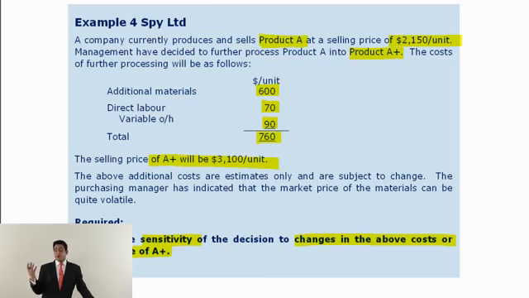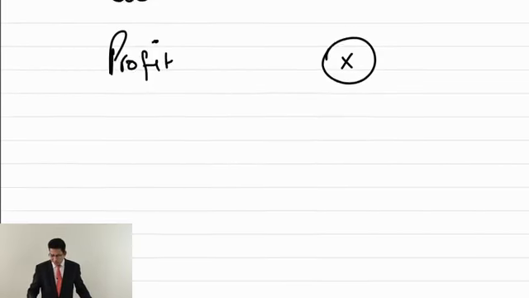Price may go up quite a bit. Now there are two things in this question. One is the further processing decision and second is sensitivity analysis. So let's do them one by one. First of all, let's do the further processing.